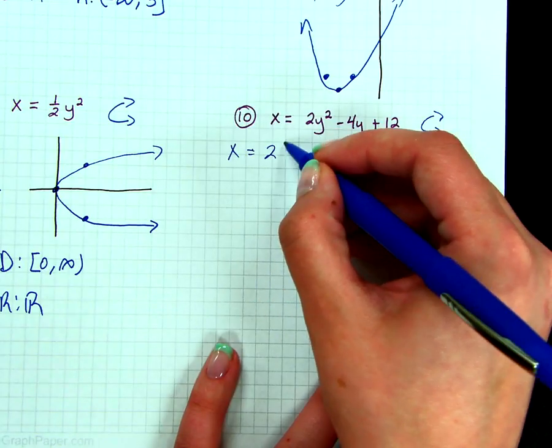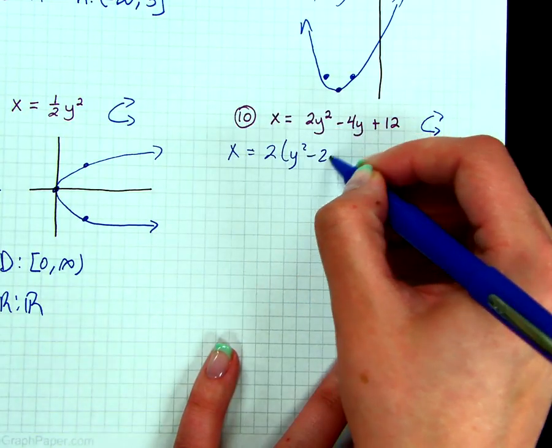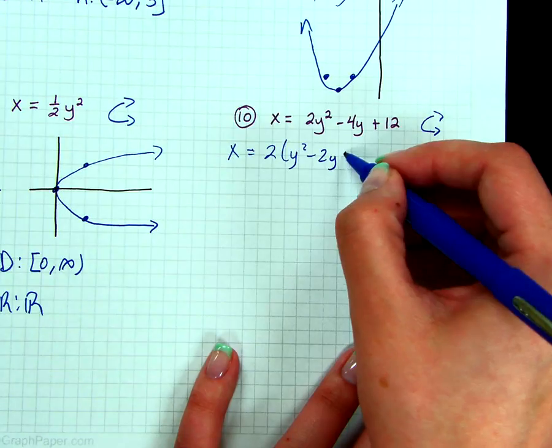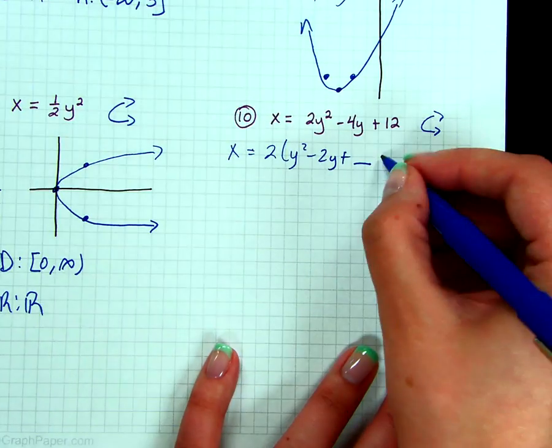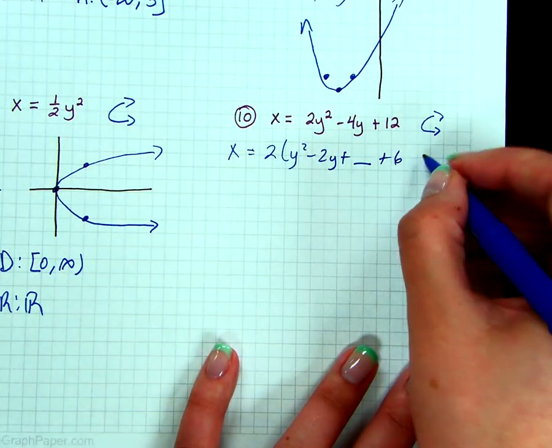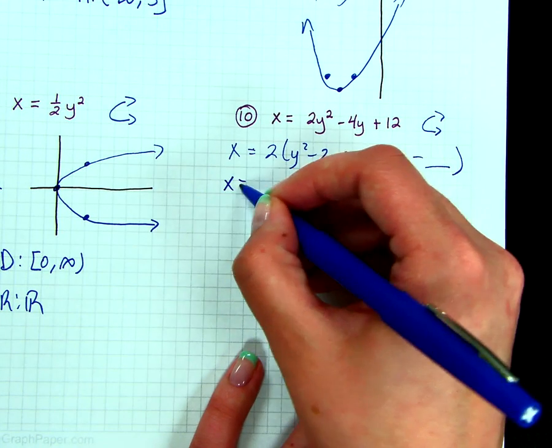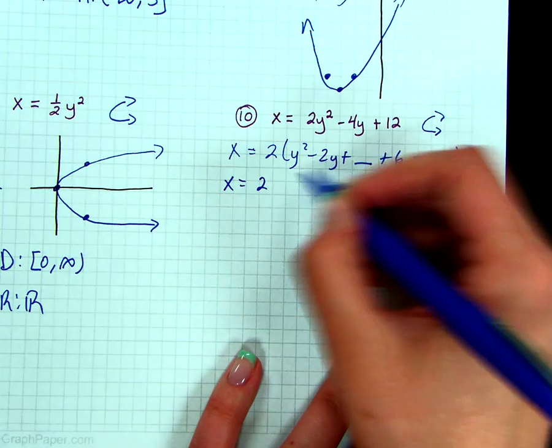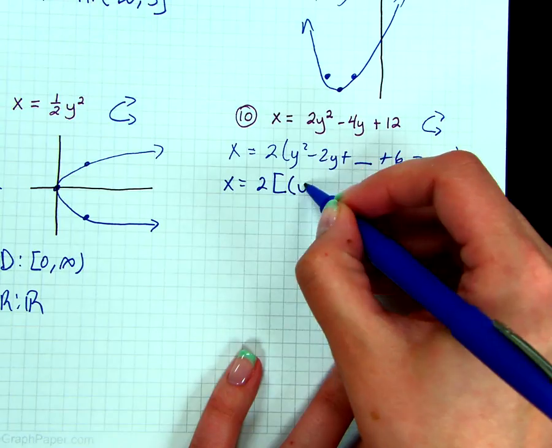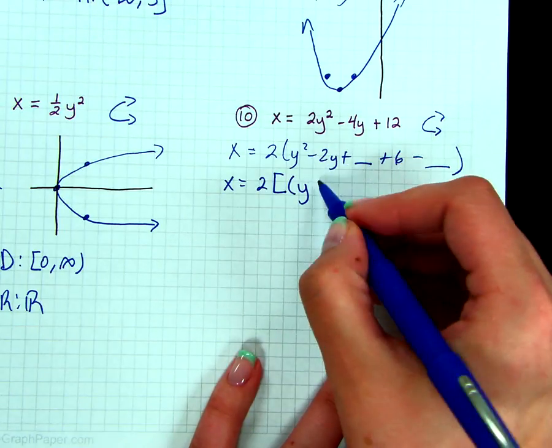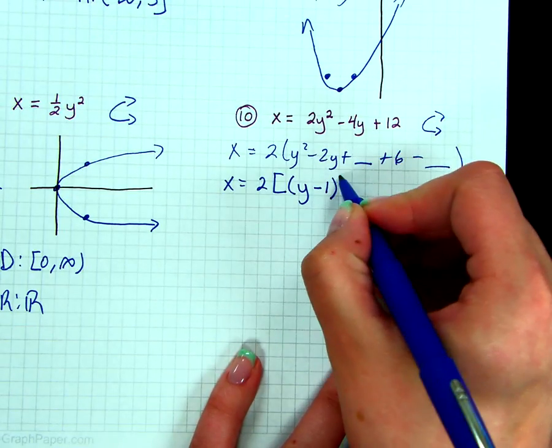So we'd have 2 parentheses y squared minus 2y. Then I'm going to leave a little space to complete the square, plus 6. And then we're going to subtract that same number. So when we factor, we will have y, and then negative 2 divided by 2 is negative 1, so squared.